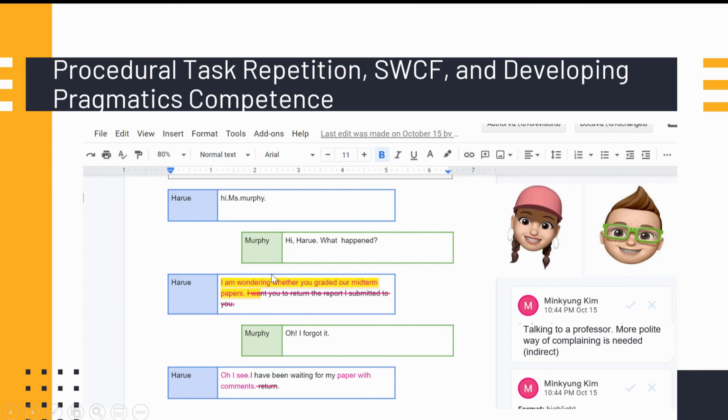So it is very direct. So these students had no idea about how to be polite when complaining to someone who has higher power. So then by using synchronous written corrective feedback, the teacher mentioned social pragmatic related information and then actually fixed the error.